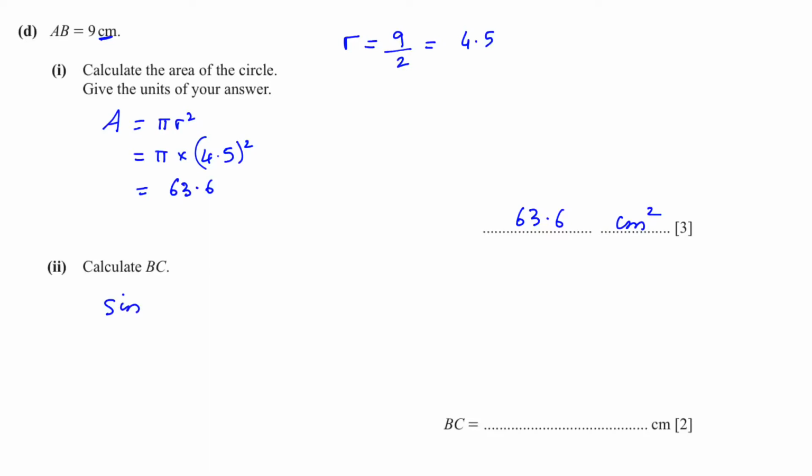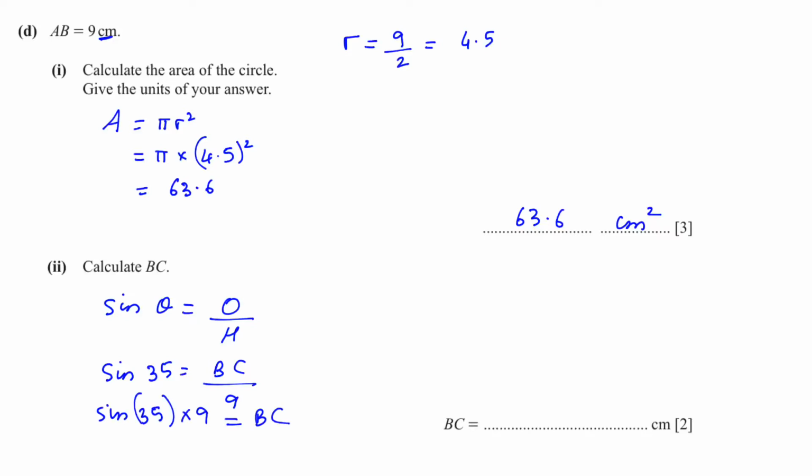Sine theta is equal to opposite over hypotenuse. Sine A, which is 35, is equal to opposite, which is BC, over hypotenuse, which is 9. We cross multiply. Sine 35 multiplied by 9 is equal to BC. Therefore, BC is equal to 5.16 centimeters.